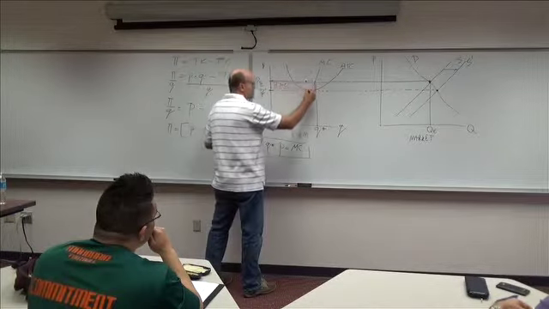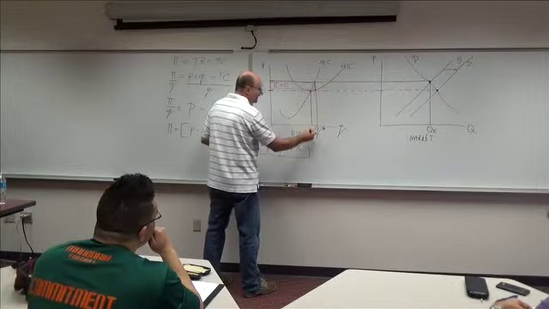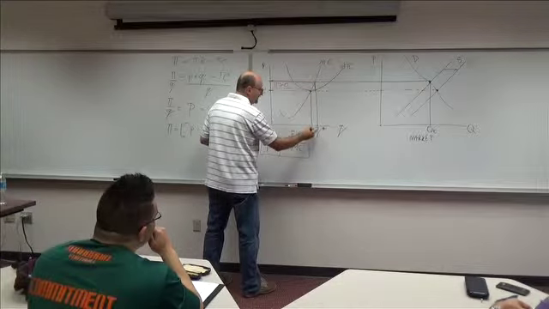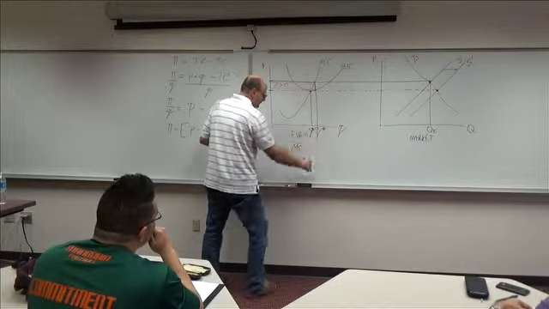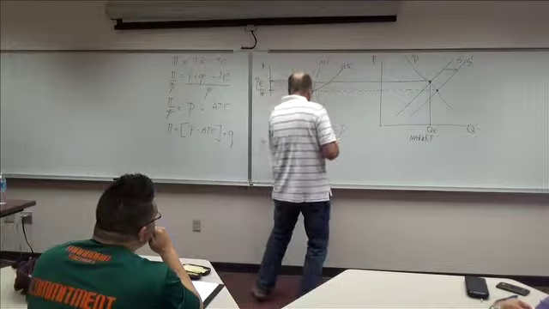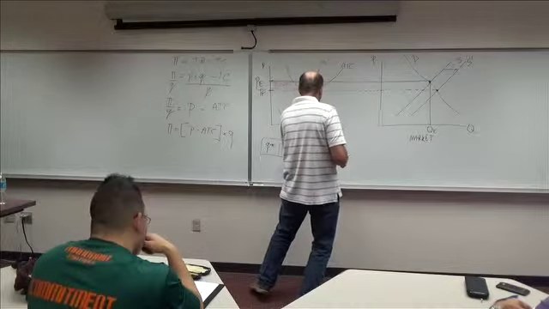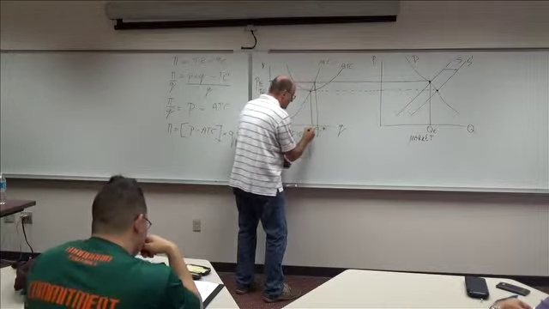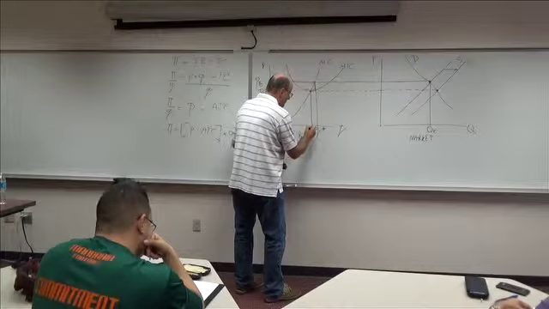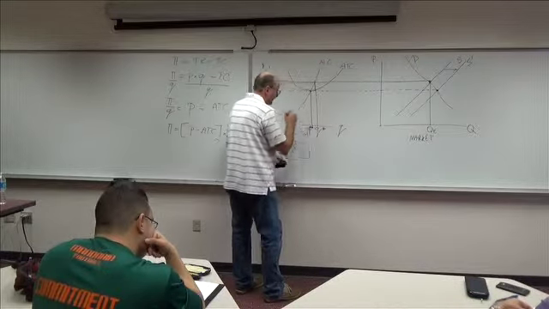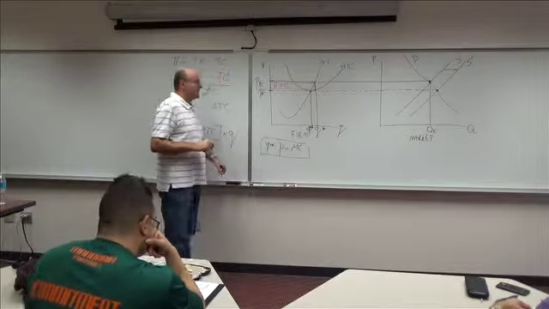Price equals marginal cost. Let's call that quantity Q star star. Is that what we called it? Q star star? Good. Okay. That's the new quantity.